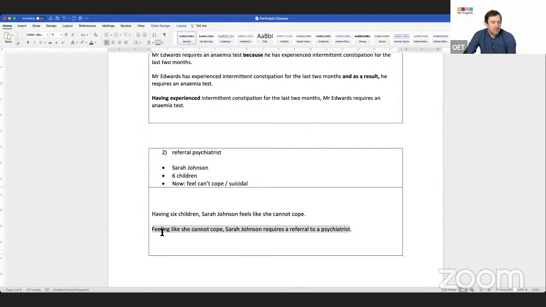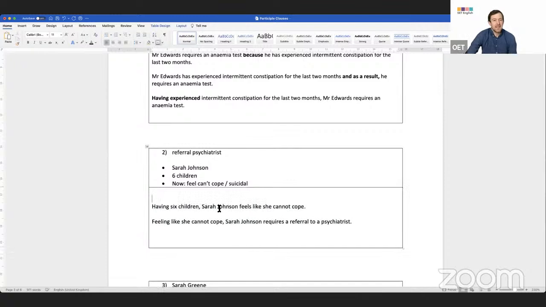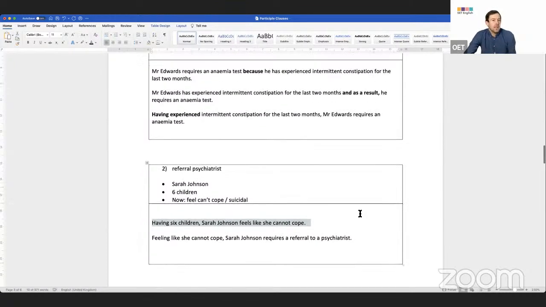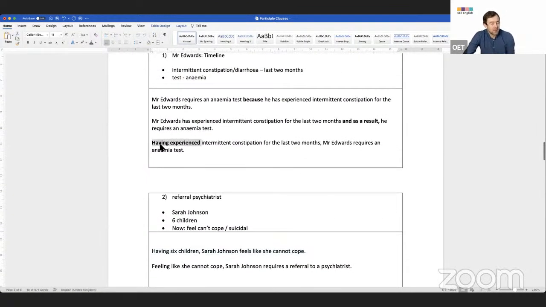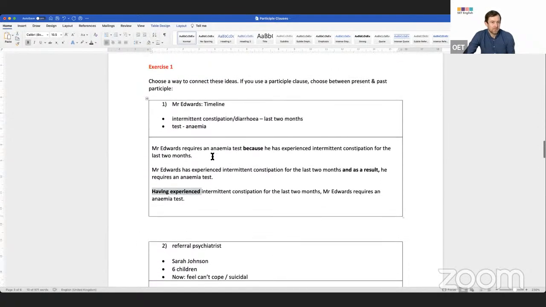Having 6 children, I think that one could work. I'm thinking of something like a Catherine Walter medicine task. You could possibly write that sentence. But for me personally, present participle clauses don't feel very natural or professional, whereas the perfect participles do.